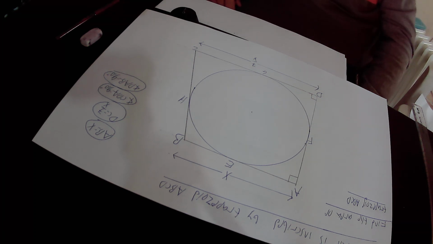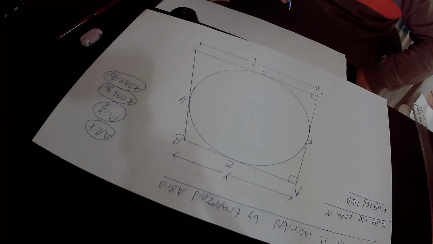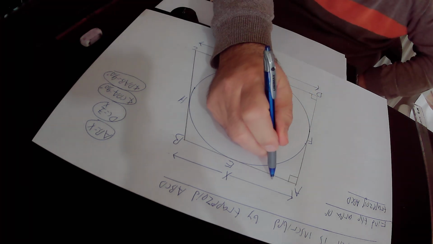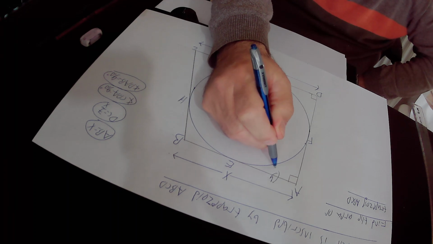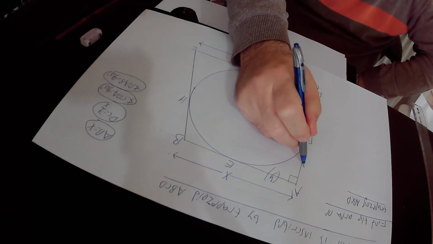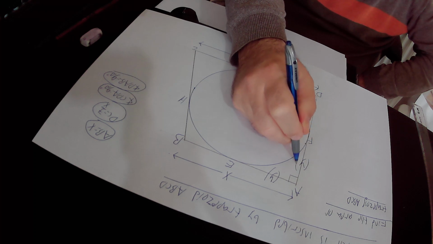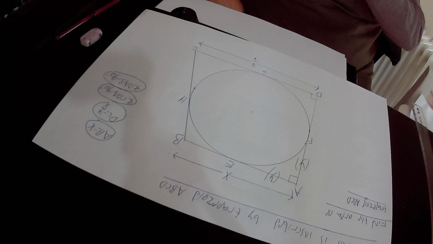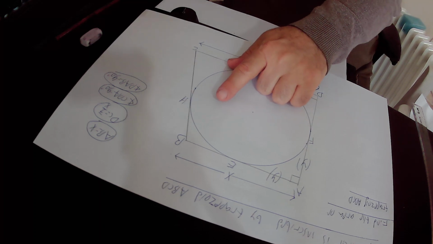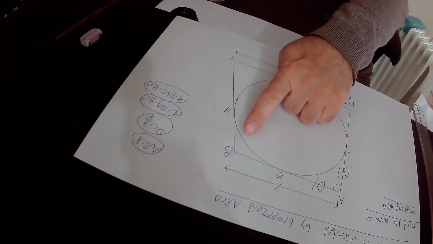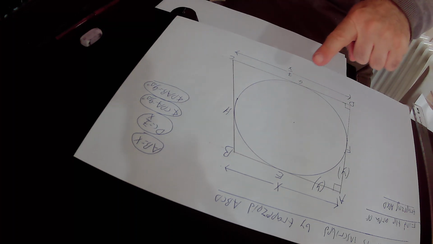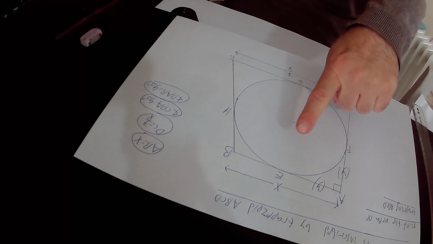So if we define the length AE as Y, then AF must also be equal to Y because they are equal to each other. Likewise, if we focus on this common external point B, from it we have two tangents to this circle, tangent BE and tangent BH.